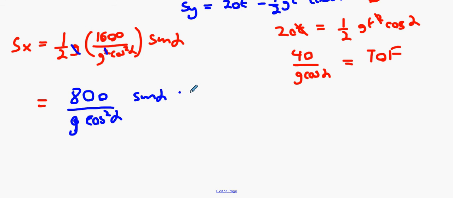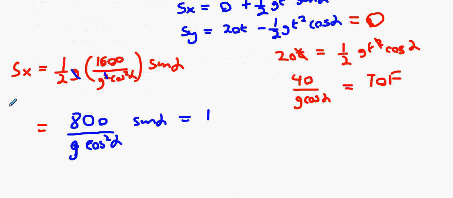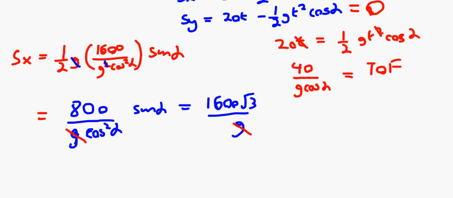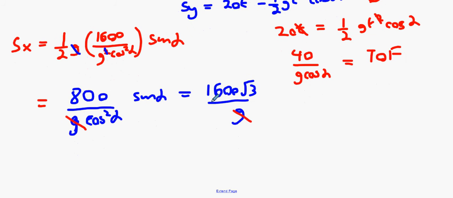And what's the answer again? Yeah, 1,600 root 3 over g. Okay. The g's are gone. I can get rid of that 800 using the 1,600. So I'm going to get sine alpha over cos squared alpha equals 2 root 3. Are we cool with that?